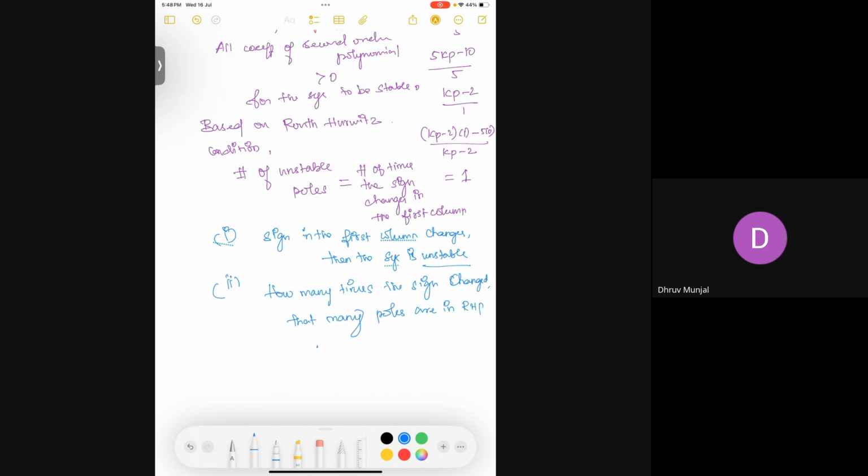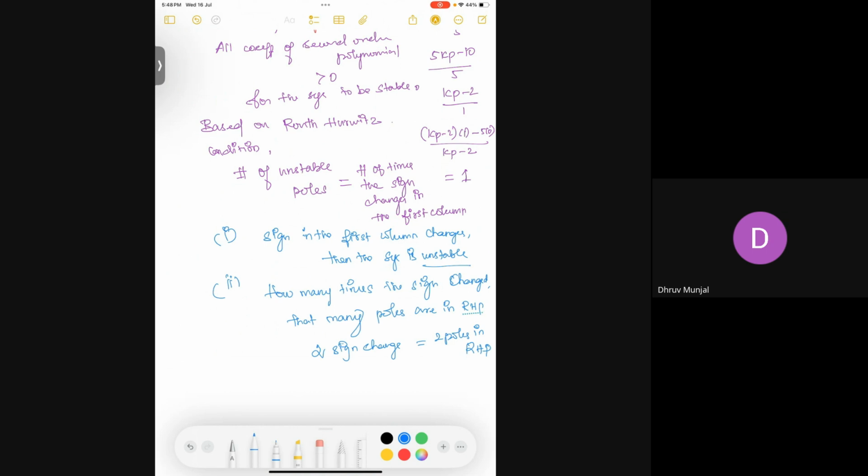For example, if there is two sign change, there are two poles in right half of the S-plane. So if someone asks whether the system is stable or not, you just look for any sign change. If someone asks how many poles are in the right half of the S-plane, you should look for how many times the sign changes.